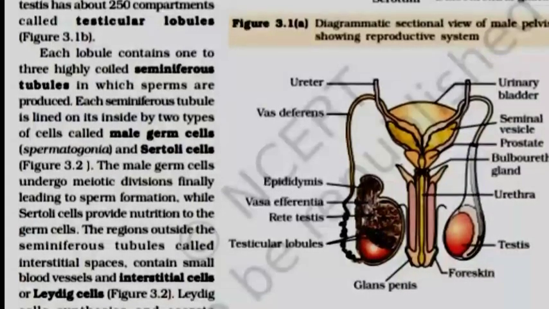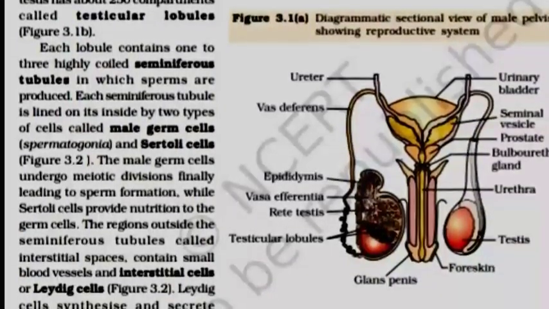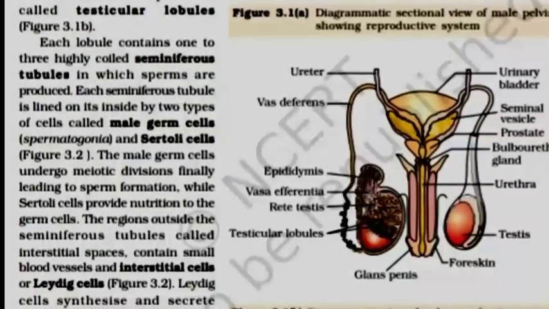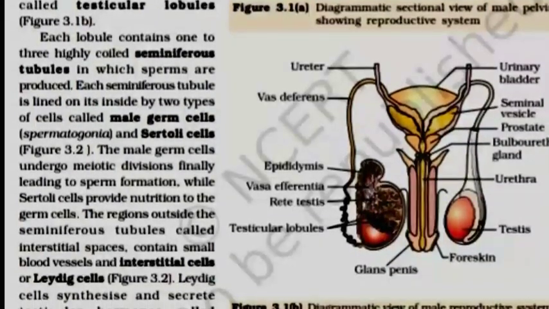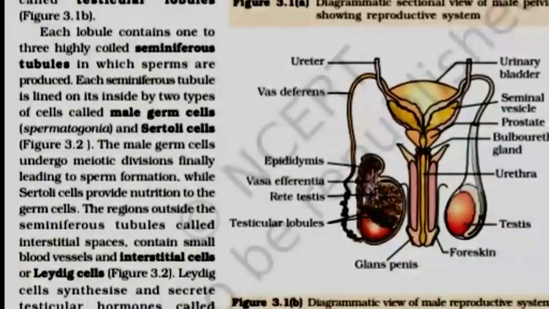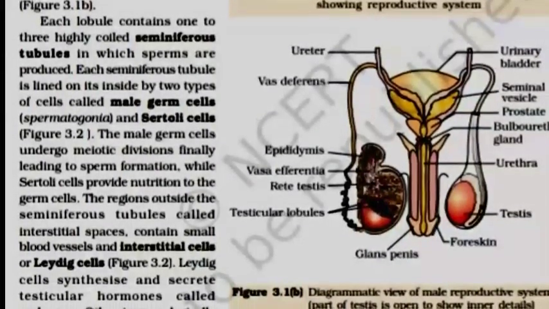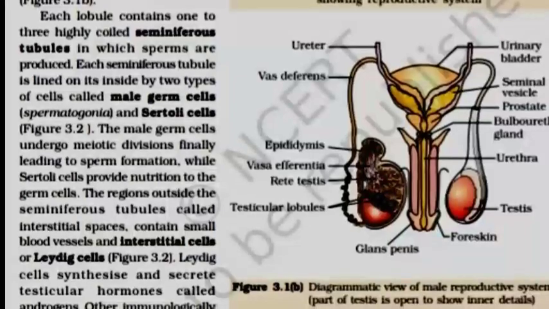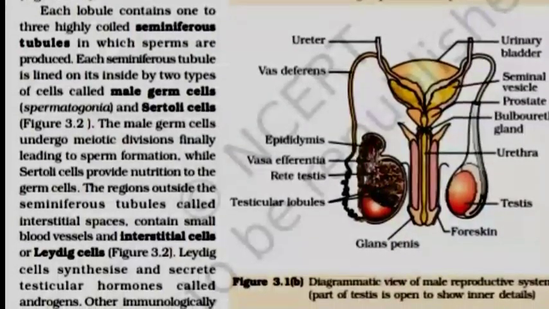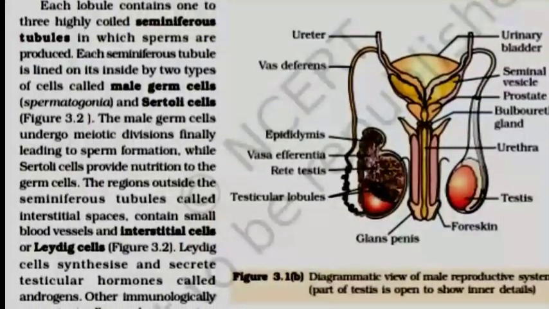The region outside the seminiferous tubules, called interstitial spaces, contains small blood vessels and interstitial cells or Leydig cells. Leydig cells synthesize and secrete testicular hormones called androgens.